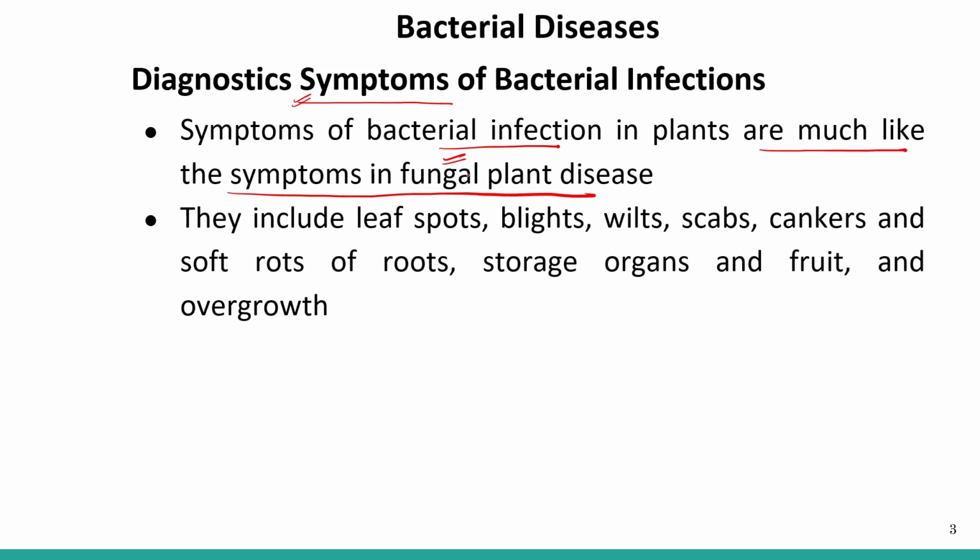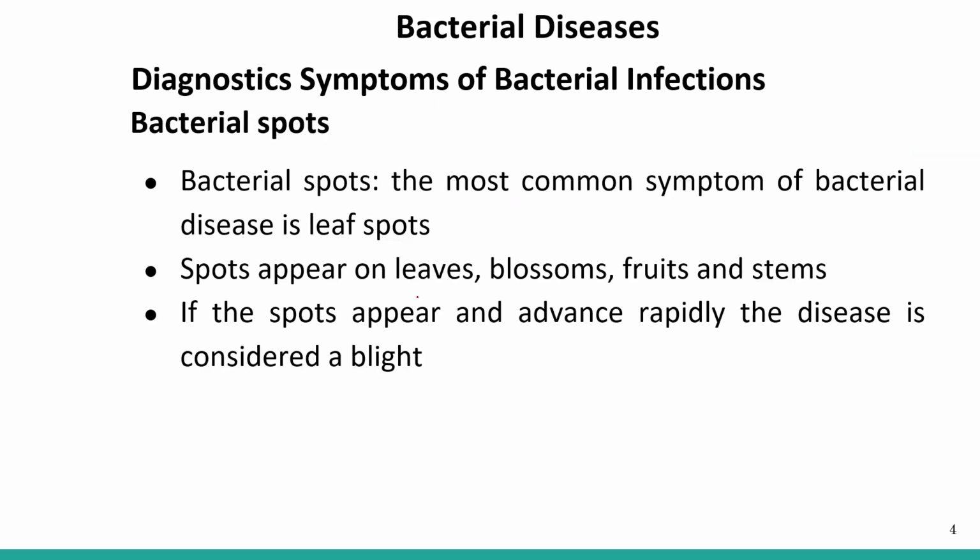Some of the bacterial symptoms are much alike. They include leaf spots, blights, wilts, scabs, cankers, and soft rot of roots. Storage organs and fruits are also affected, and overgrowth can also be seen. These are some of the common symptoms that we diagnose in case of bacterial infection.